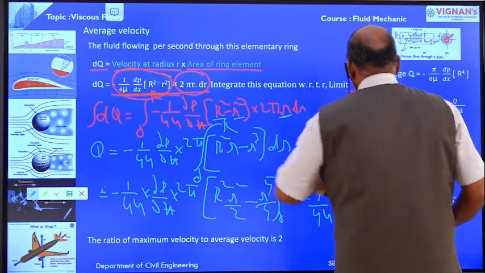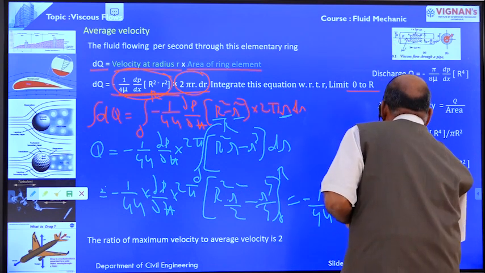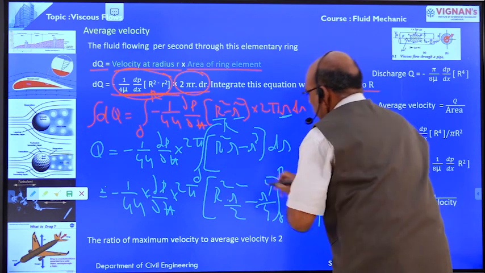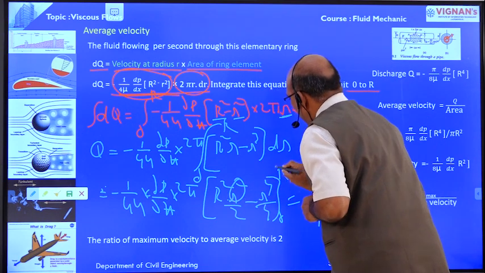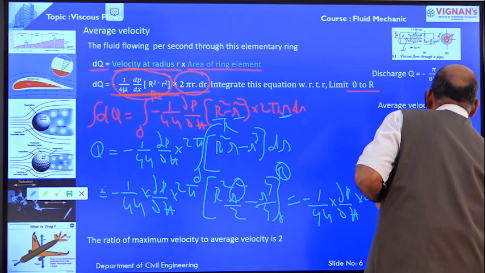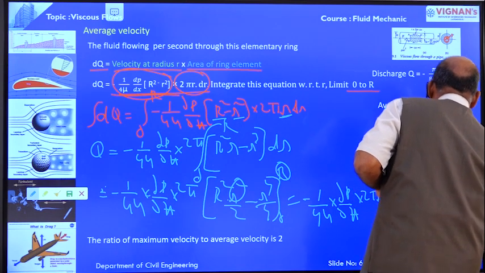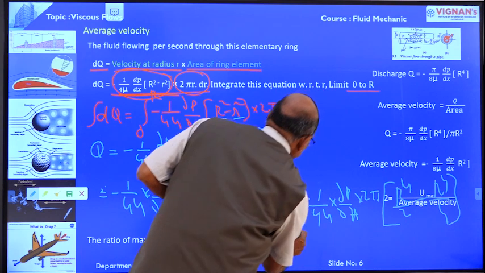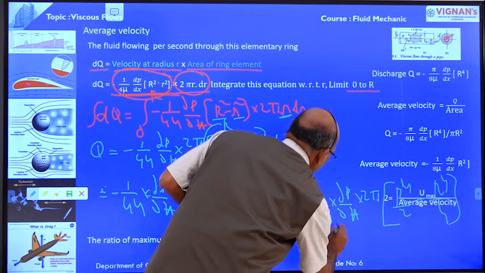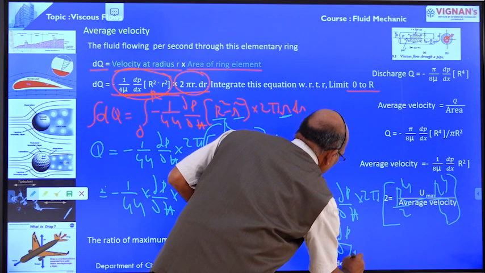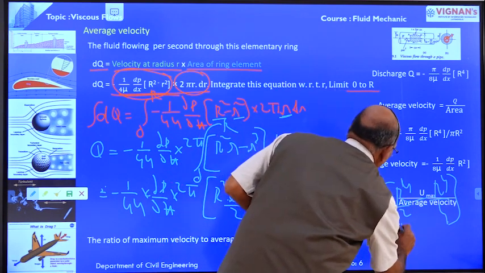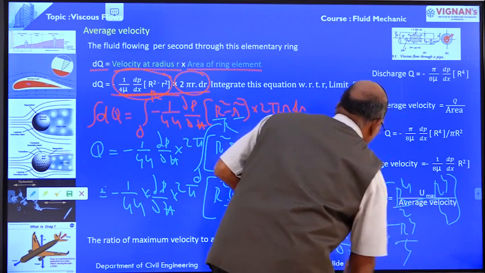Substitute the value here: in place of small r square, r substitute here, r power 4 by 2 minus r power 4 by 4. Right, this is equal to minus 1 by 4 mu into dou p by dou x into 2 pi. This is equal to r power 4 by 4.